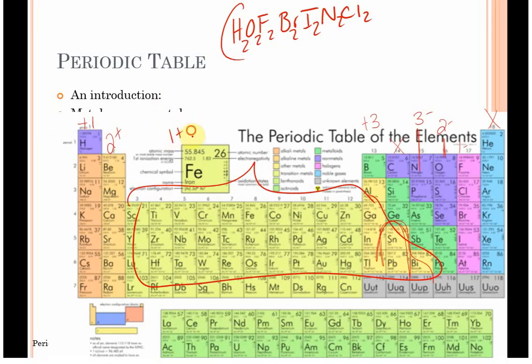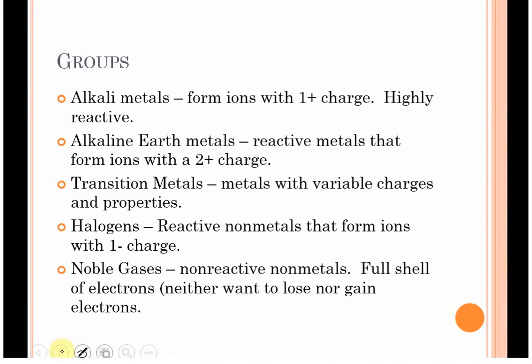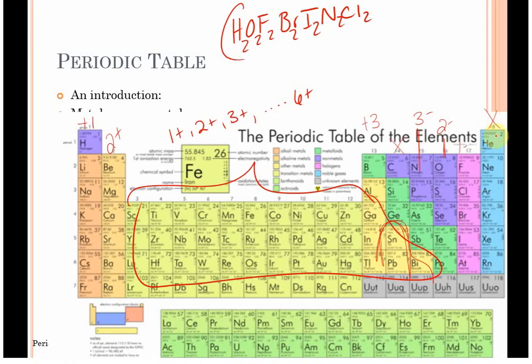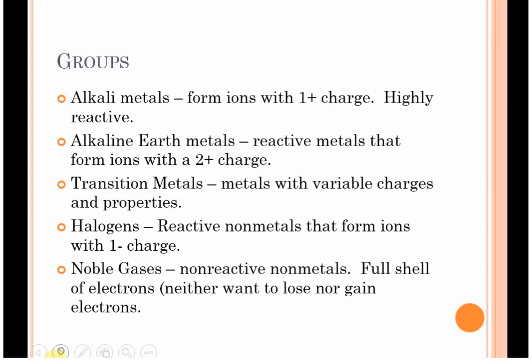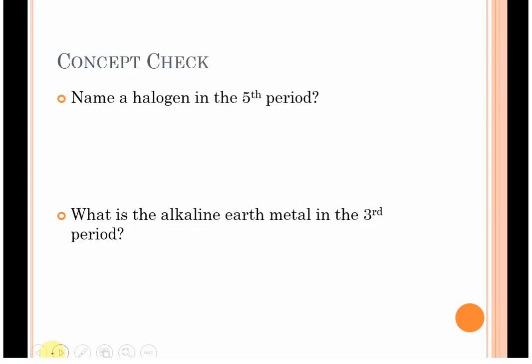They could be +1, +2, +3, all the way really up to chromium, which will occasionally have a +6 charge. Now, with that in mind, we're going to have to deal with that when we make compounds. Also, noble gases, this group 8, are unreactive. They tend to not want to form compounds very often.